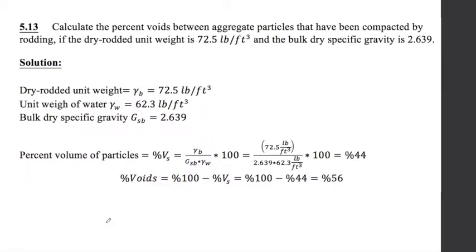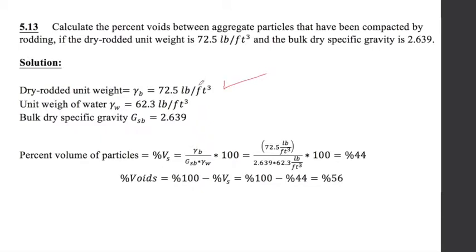So the procedure for solving this problem: first, we will be calculating the percentage of particles volume, and then we will subtract it from the total volume to get the percent of the voids between the aggregate.